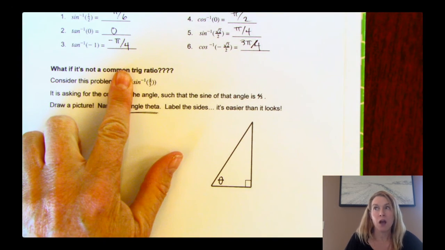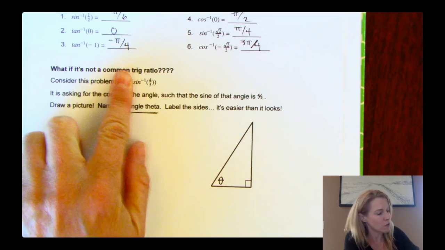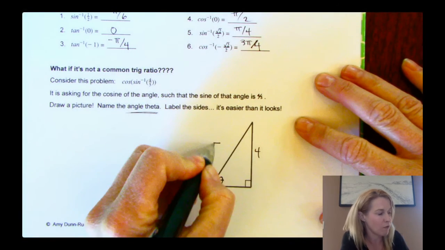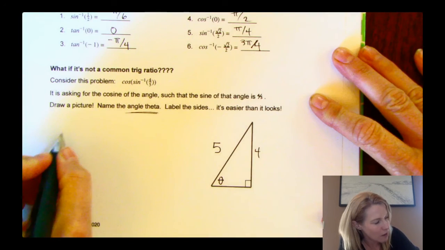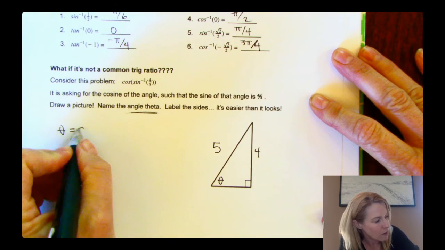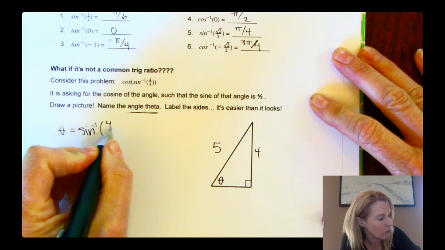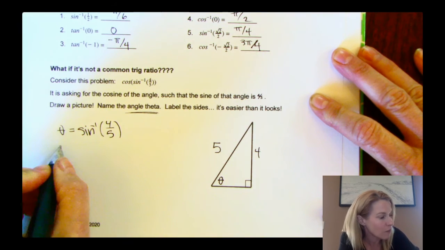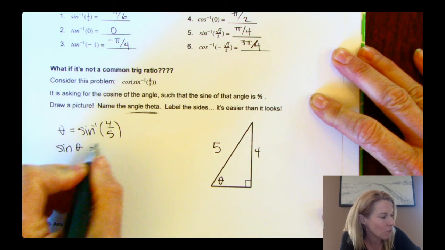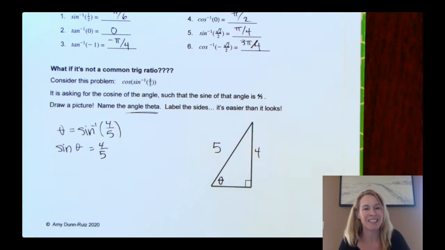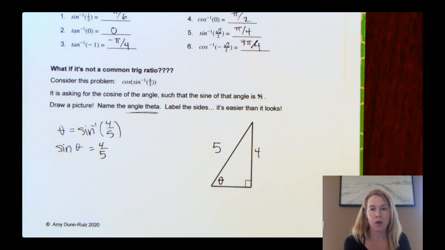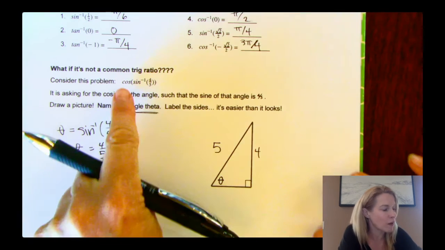Well, sine is opposite over hypotenuse, so I'm going to put 4 and I'm going to put 5, right? So now I see that theta is sine inverse of 4/5, or sine of theta is 4/5. So I took the given information and I set up a problem that works for it. And then the question is, what's the cosine of that angle?